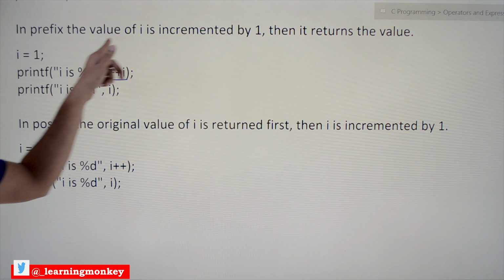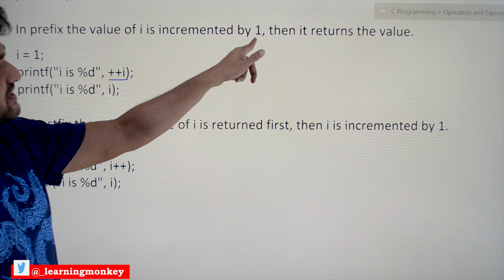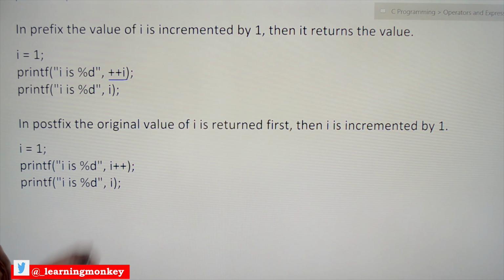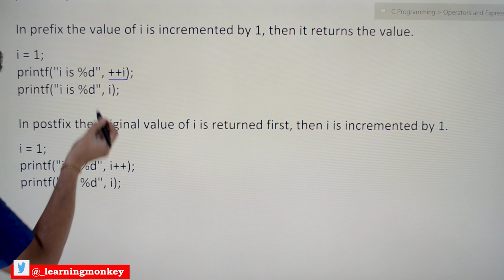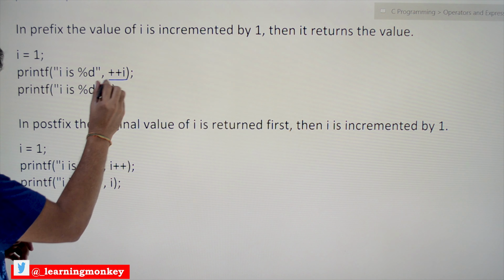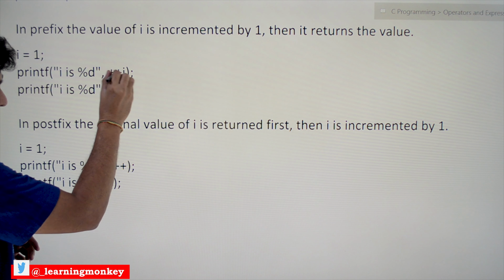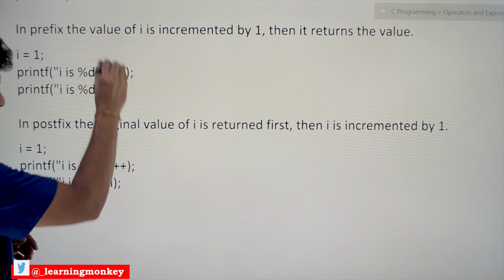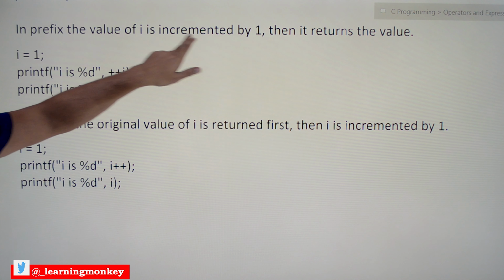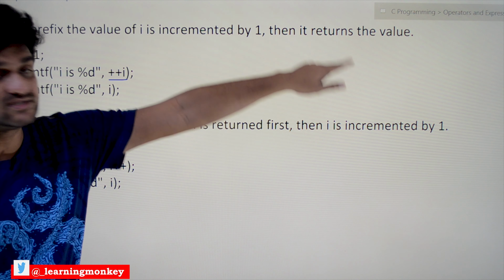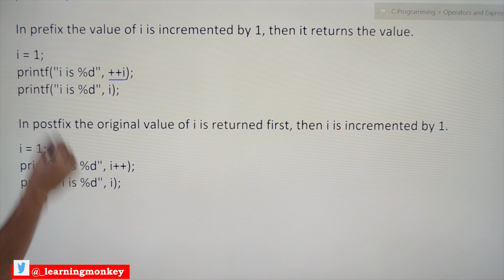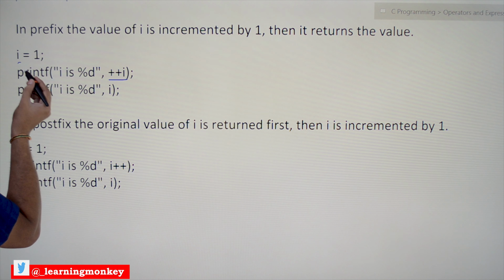In prefix, the value of i is incremented by 1, then it returns the value. Whenever ++i is used, meaning ++ is used before the variable, the value of i will get incremented, and that incremented value will be returned. So here, i is equal to 1.